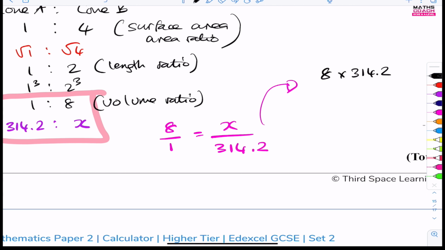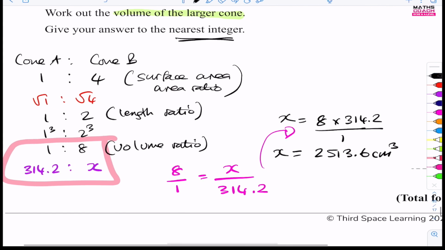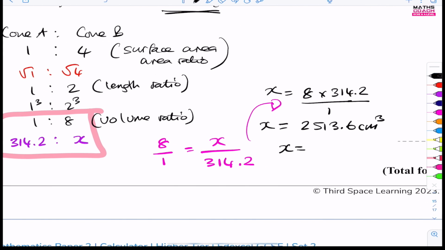We don't have to do that divide by one thing, but you can keep it there if you want. So what's 8 times 314.2? That gives us x is equal to 2513.6 centimeter cubed. Now I think the question said to the nearest integer. Yep. So to the nearest integer, x would be equal to 2514 centimeter cubed. So that is the volume of cone B.